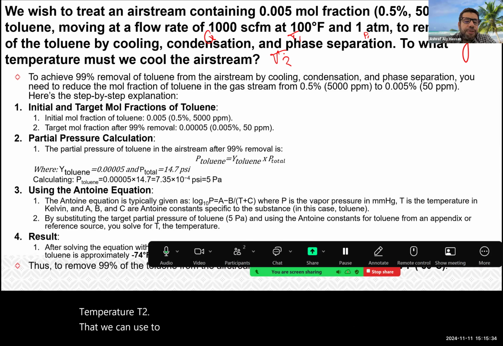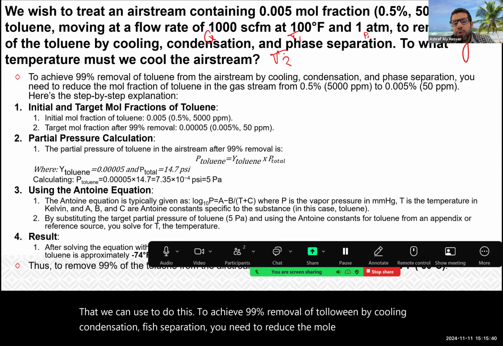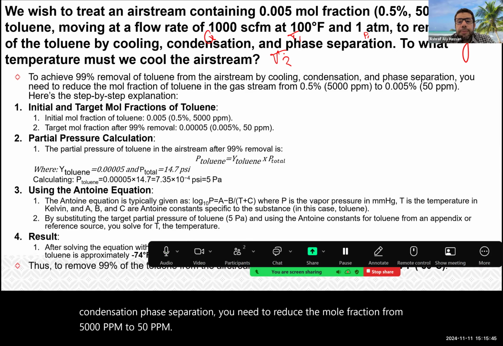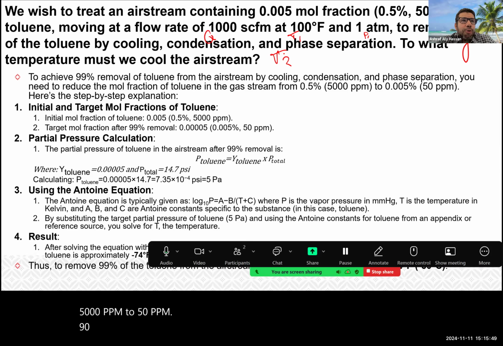To achieve 99% removal of toluene by cooling, condensation, and phase separation, you need to reduce the mole fraction from 5,000 ppm to 50 ppm. It's 99%. So from 5,000, if you remove 99%, how much do you have left? 50.